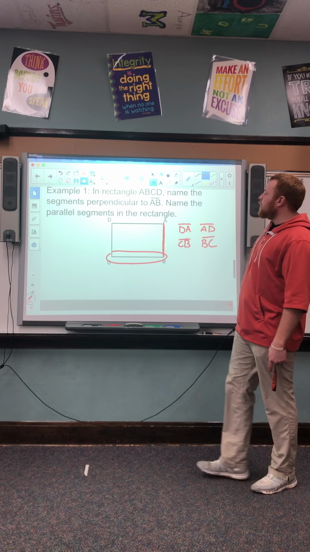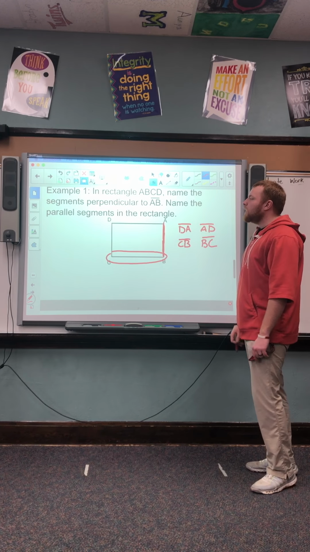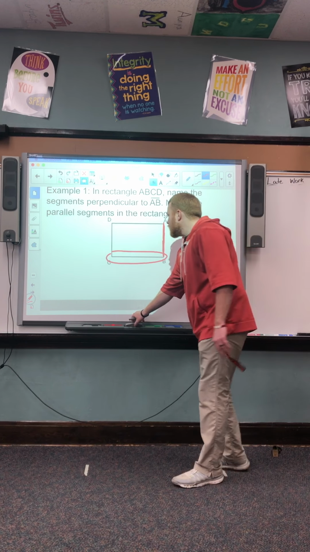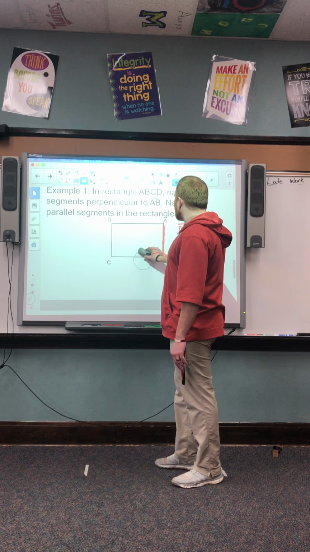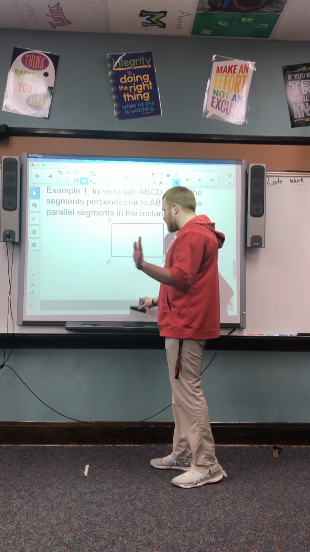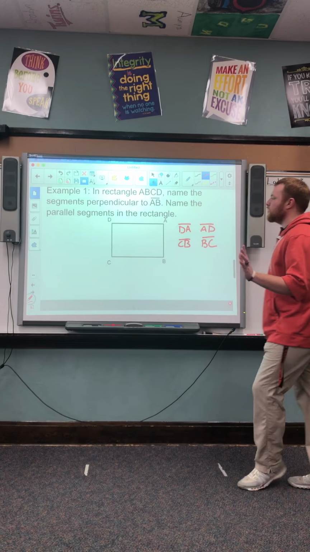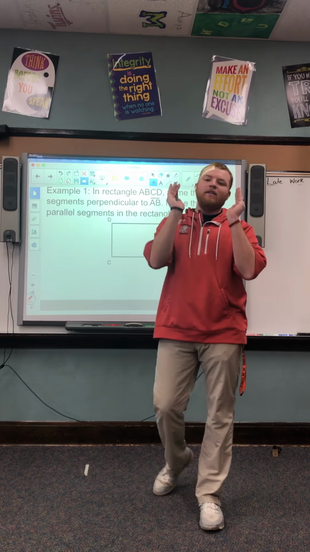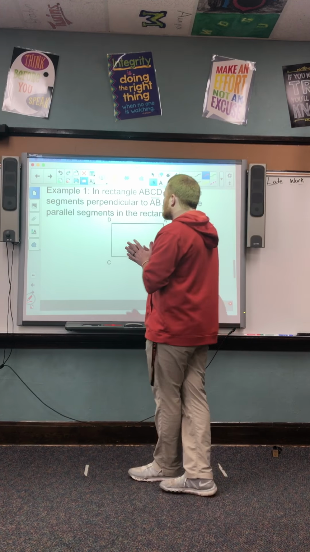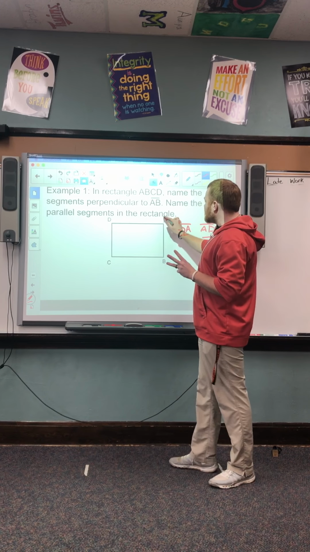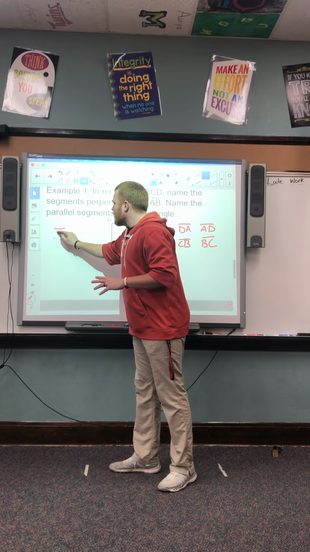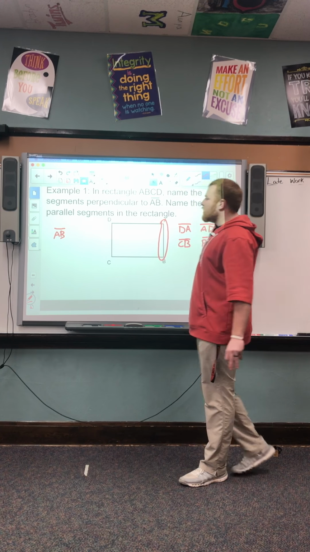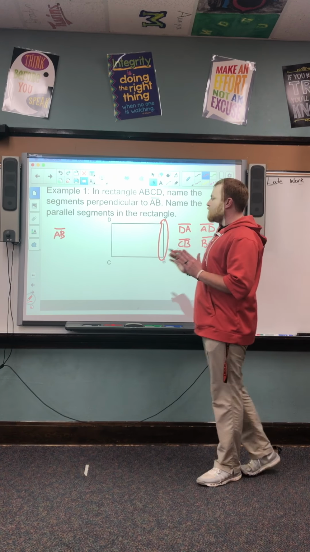Okay? Second part of the question. Name the parallel segments in the rectangle. So now we're just naming the segments that are parallel to each other. Now remember, parallel segments or lines never cross. They never run into each other. So let's stay with segment AB. Here's AB, what segment is parallel to AB?